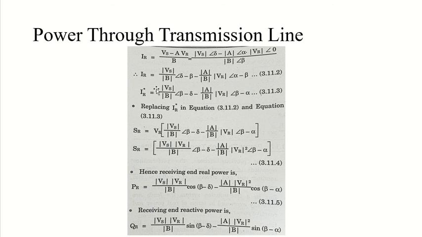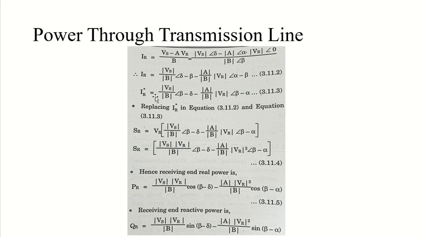So Vs divided by B will remain as it was, and instead of delta minus beta, it will become beta minus delta. We reverse the signs of both of my angles. So delta was positive, it became negative. Beta was negative, it became positive. So we will have beta minus delta. Then again, A divided by B into VR will remain as it was, and instead of alpha minus beta, we will have beta minus alpha here.